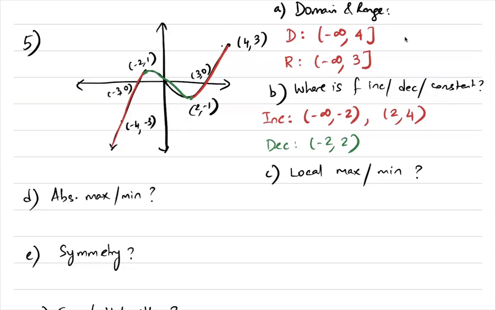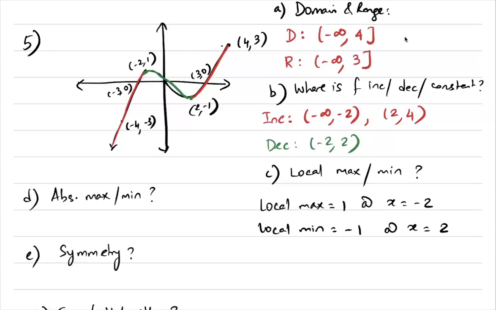So I would say local max is 1, which is the y value, at the x value of -2. Local min is -1 at an x value of positive 2.